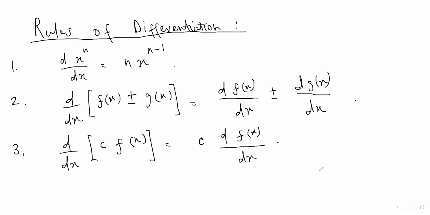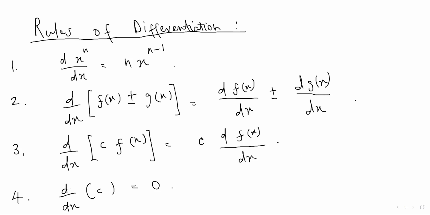Let's go to rule number 4. Rule number 4 is what happens when you're differentiating just a constant, c. That is just going to give you 0. So the derivative of any constant is equal to 0.